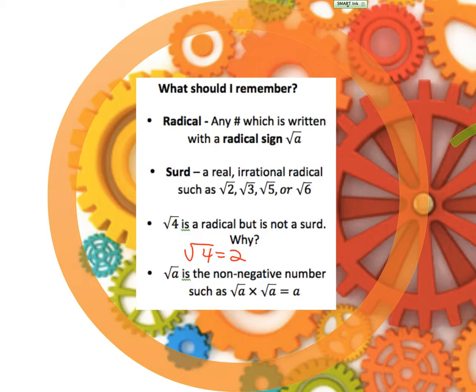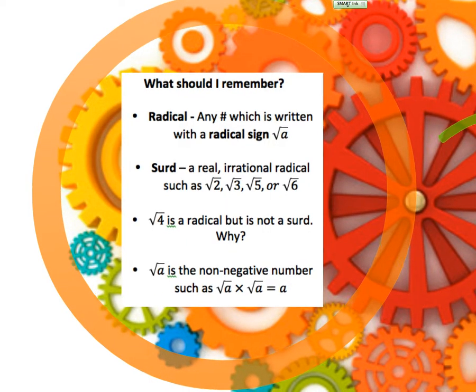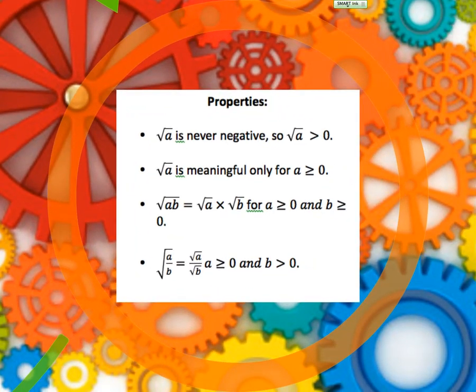And then keep in mind that we're not going to have negatives underneath that radical sign. And that when I multiply two square roots, square root of a times square root of a, it's just a. Besides the word surd, is everything else looking familiar? So some of those properties, just like I mentioned, that it'll never be negative, so that square root of a does have to be greater than 0.